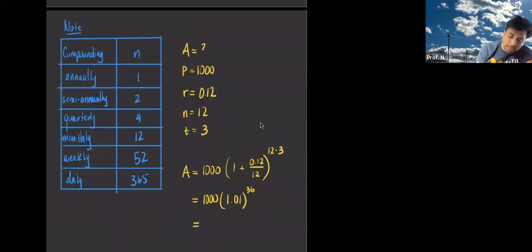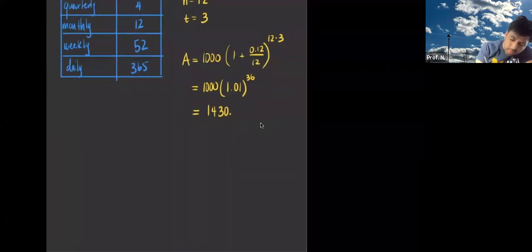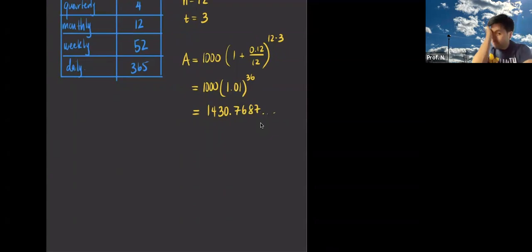So when I write this out and put this in my calculator, 1,000 times 1.01 raised to the 36th power, I get 1430.7687 dot dot dot. But of course, I'm talking about money here, right? So we're going to round it to the nearest cent. So if I round it to the nearest cent, I make $1,430.77.